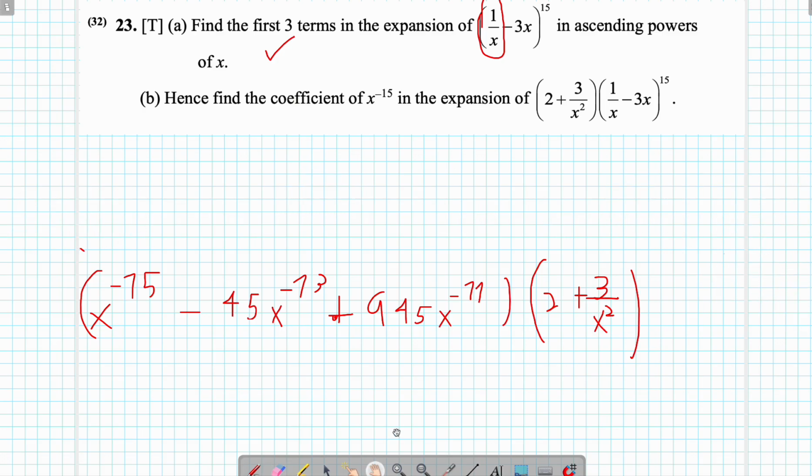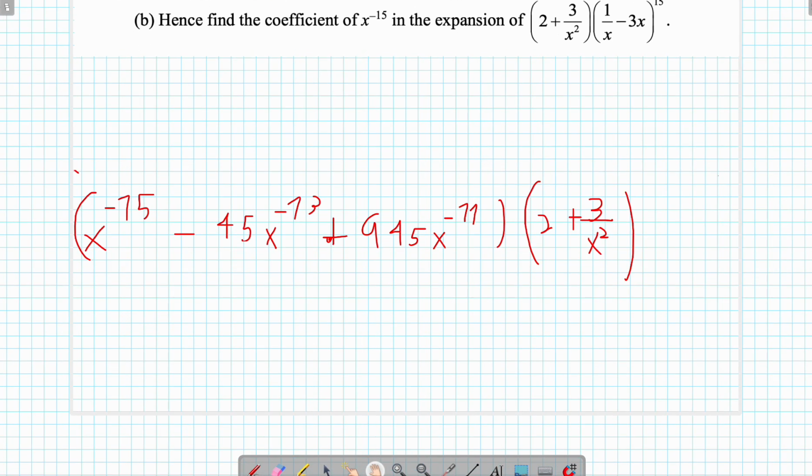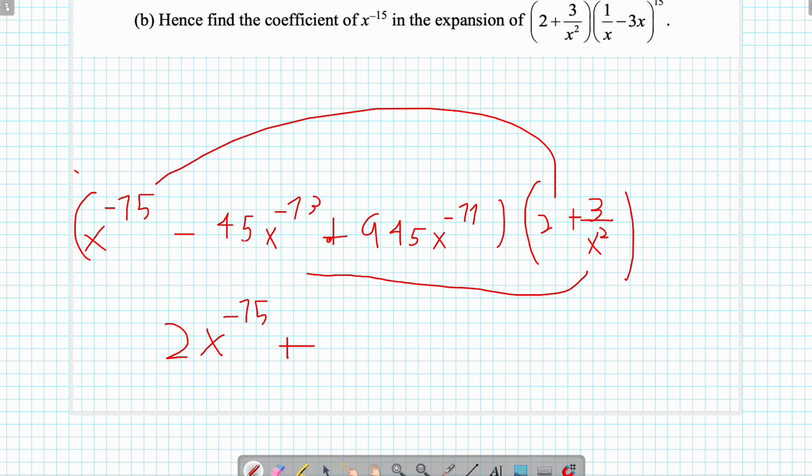And now let's distribute what we can make into x to the negative 15. So here we have 2 times x to the negative 15, so 2x to the negative 15, plus 3 over x squared times negative 45 x to the negative 13, which means just negative 45 times 3, which is negative 135 x to the negative 15.